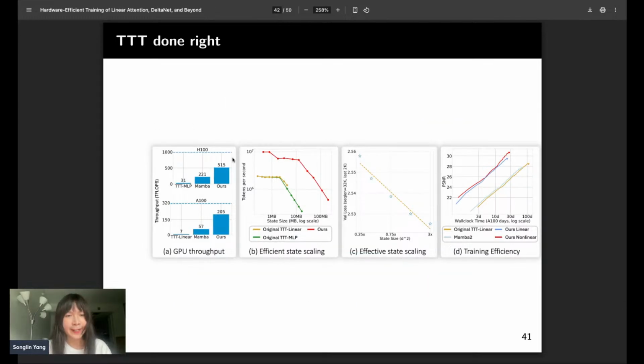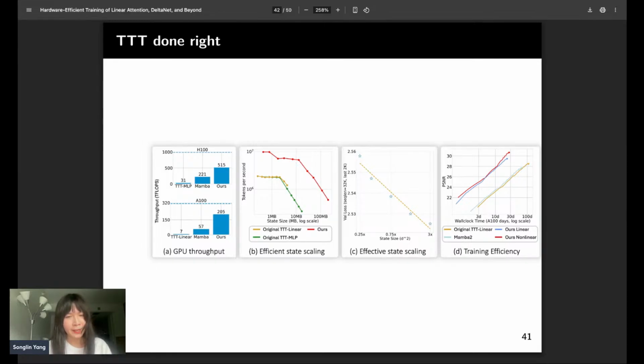And here we have some GPU throughput comparison. We can see that TDT linear was very slow on A100. I know these TDT models can be very fast on TPUs, but for GPUs they are very slow. And we can see here the throughput comparison, and TDT linear and TDT MLP are super slow on GPUs.